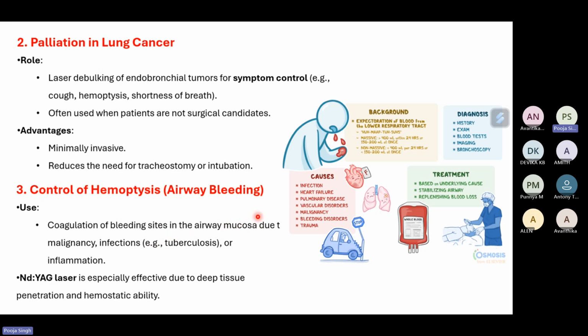Near the mucosa, there will be some bleeding. This can also be caused, for example, by tuberculosis, which is an inflammation. So what laser can we use in this kind of airway bleeding? Here also you can use the neodymium YAG laser, for its deeper tissue penetration and hemostatic ability.